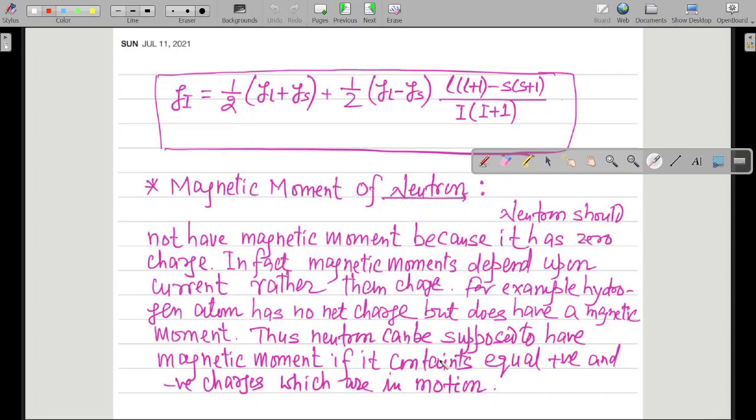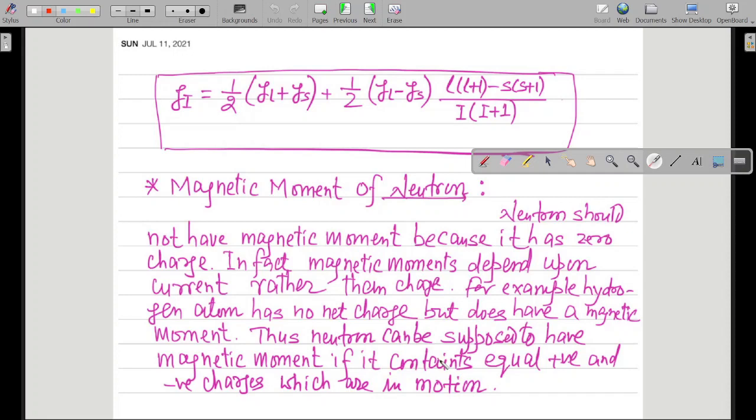Hydrogen atom has no net charge. It has a positively charged nucleus, +1 charge, that is a single proton in the nucleus, and there is an electron which is moving around this particular proton. The +1 charge of the proton and -1 charge of the electron give overall charge of the hydrogen atom as 0.